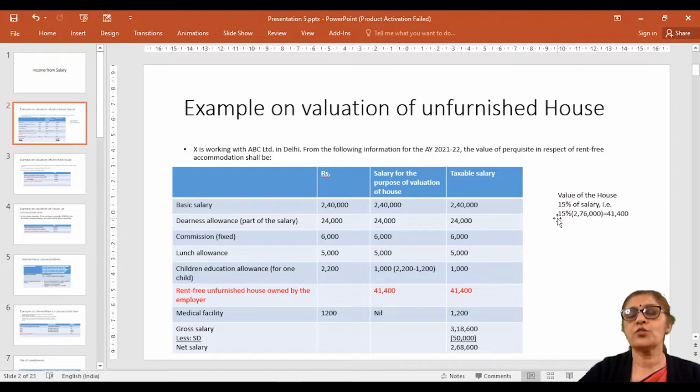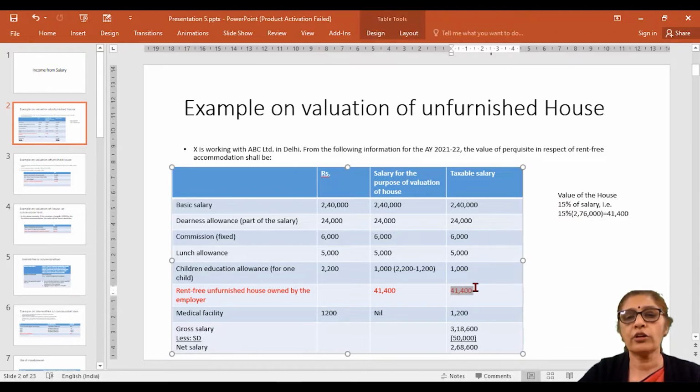So value of the house would be 15% of 2,76,000, that is 41,400. So taxable salary after your basic salary, after your allowances, after your perquisites comes out to 3,18,600. Standard deduction we have discussed a number of times before, 50,000, and therefore taxable net salary would be 2,68,600.